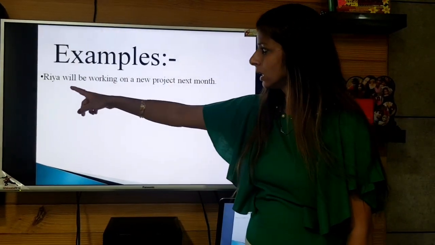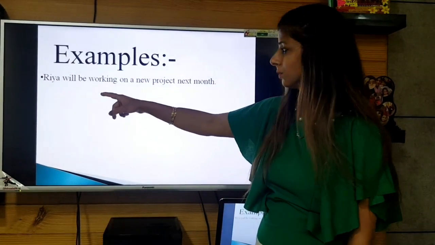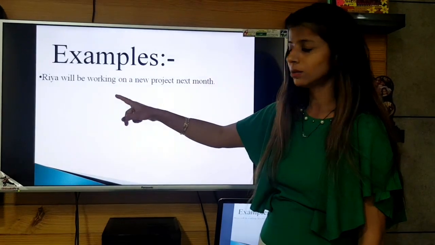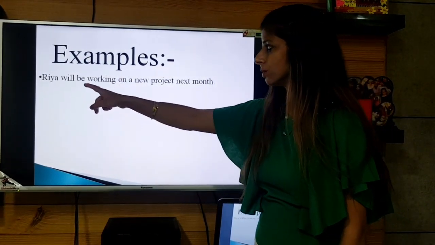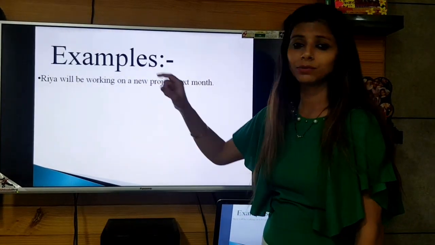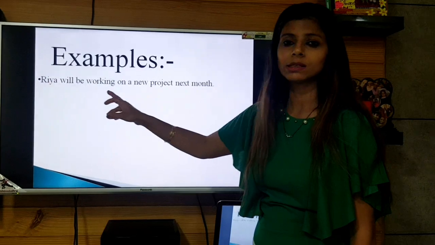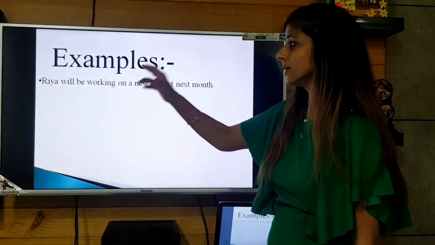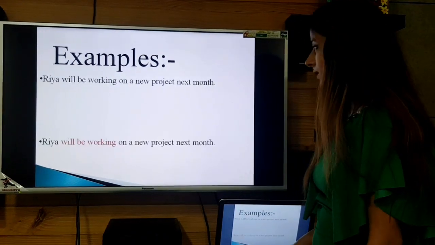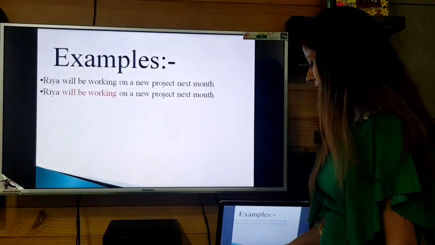Will is a helping verb, as we have just observed in the chart. Will be working: will and be are the helping verbs, and working is an action word. So this combination would be taken as the verb phrase. This is the spotting of the verb phrase. I have done it for you.